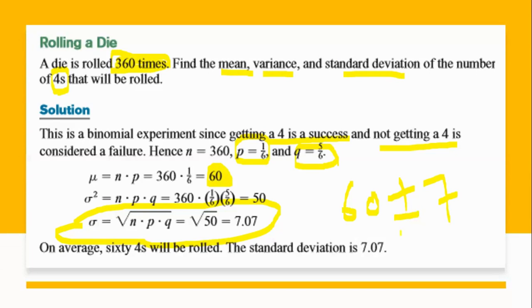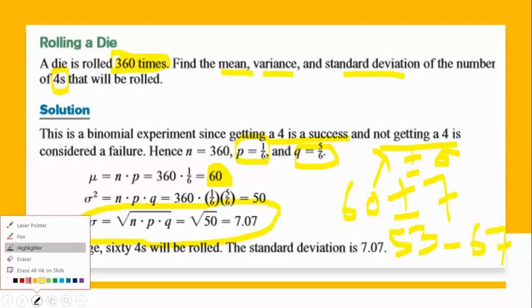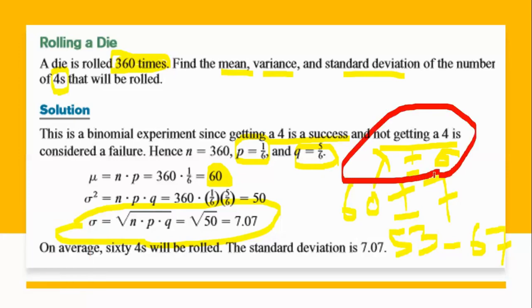So if you make it a range, this range means that from 60 we subtract 7, so the lower range is 53, and we add 7 to 60, so the upper range is 67. So almost all of you will have your count of 4 within this range if you have rolled it 360 times. Means the range of lambda plus minus deviation. Okay, whatever your value is, it should come within this range.